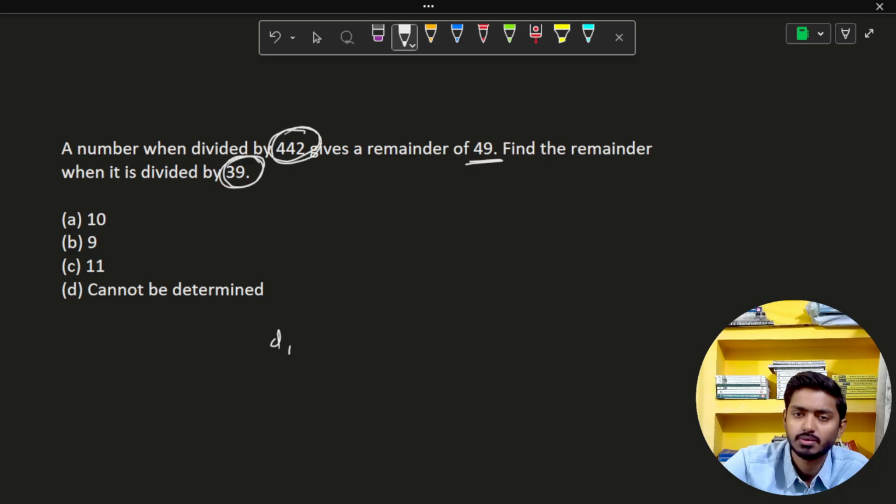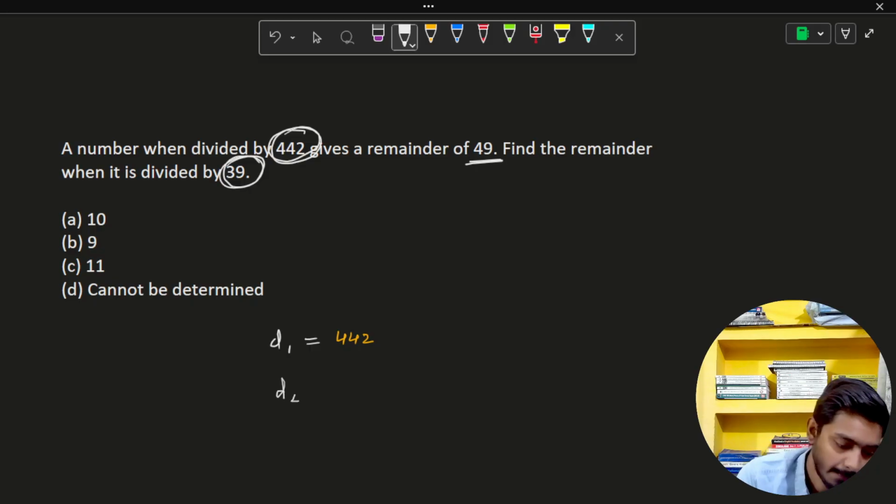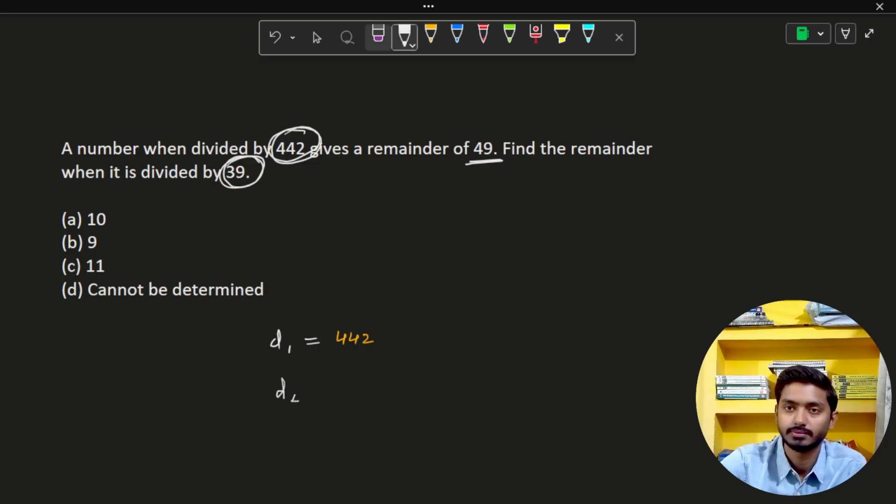We'll write divisor 1 equals 442 and divisor 2 to be 39.